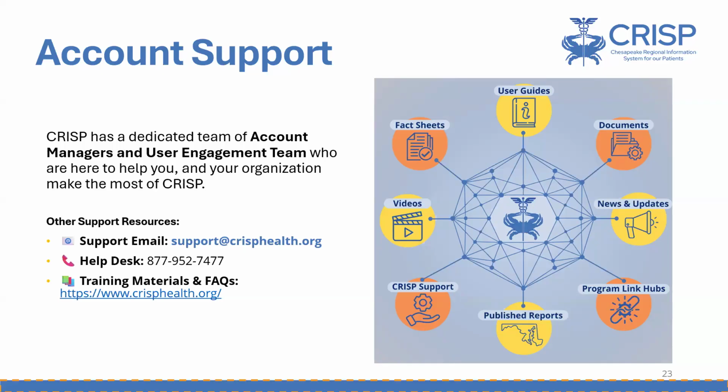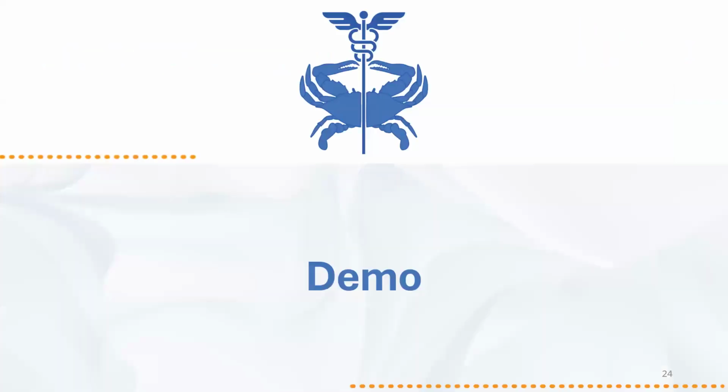We also have that website that I mentioned. It's a public-facing website where we store training materials such as user guides and videos like this to help you understand everything that CRISP offers.